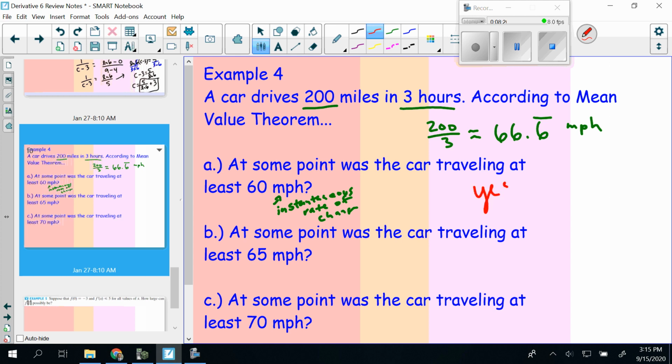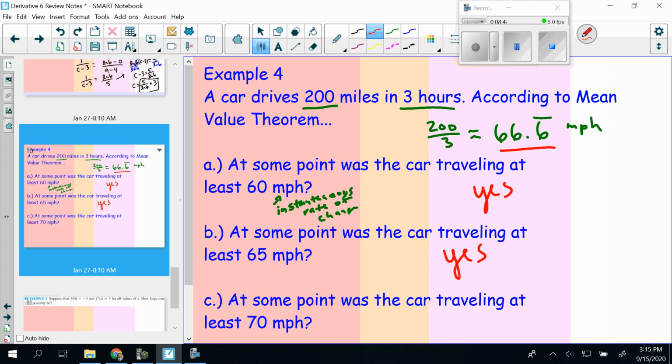So we can confidently say that this car did go 60 at some point. Did the car go at least 65 at some point? Yeah, again, if our average is 66, we must have gone 65 to get to an average of 66 at least once, because this car must have gone at least 66.6 repeating miles per hour at some point.